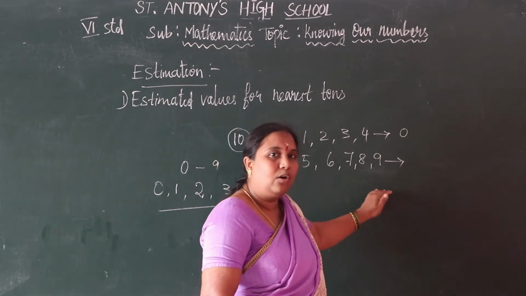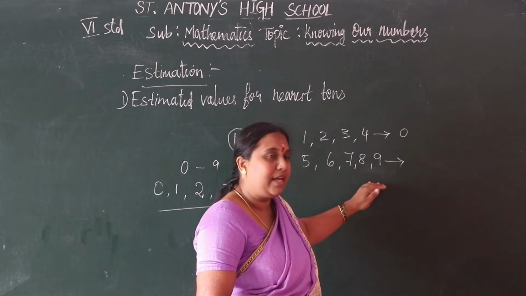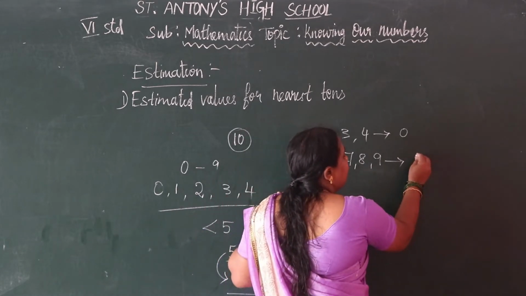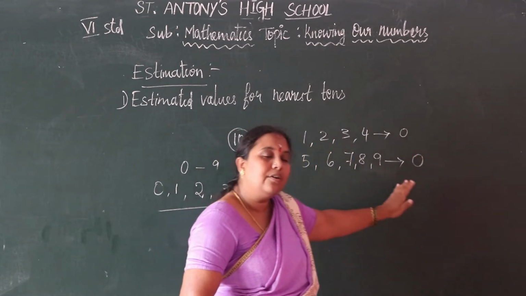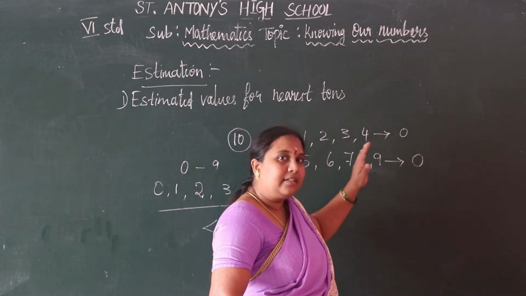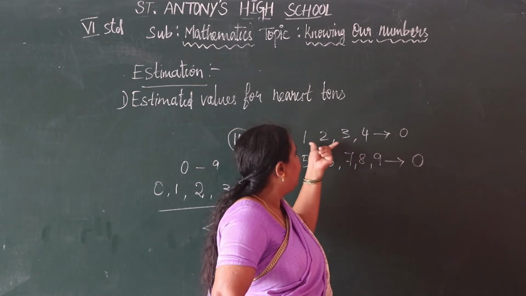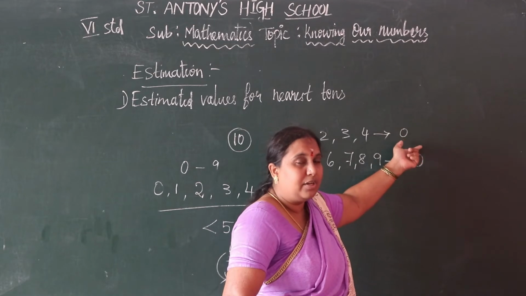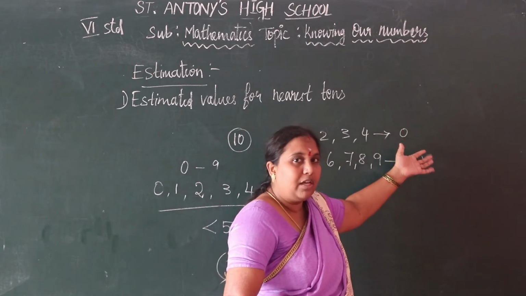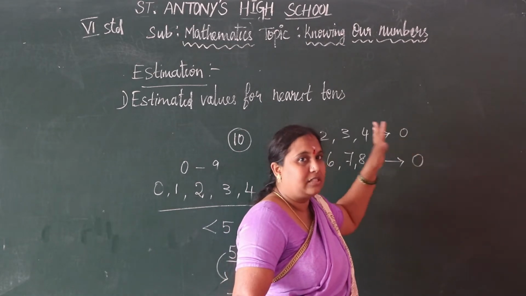This applies to the unit place. In the number, if 1, 2, 3, 4 comes in the unit place, the unit place becomes 0. That's it.